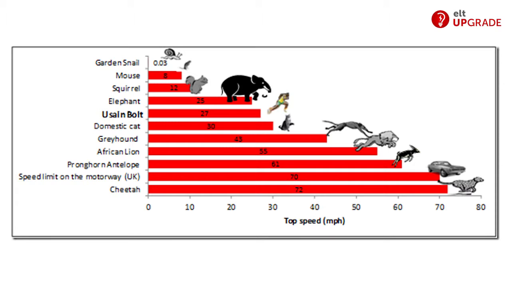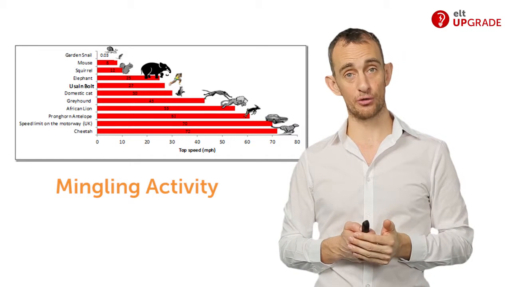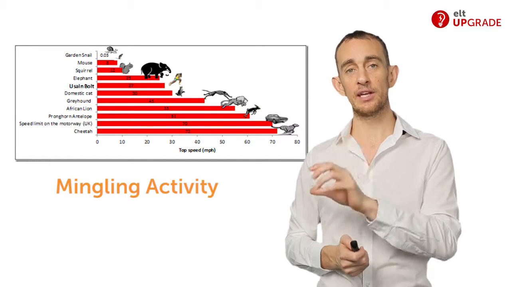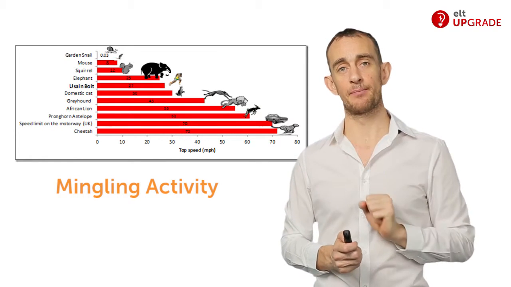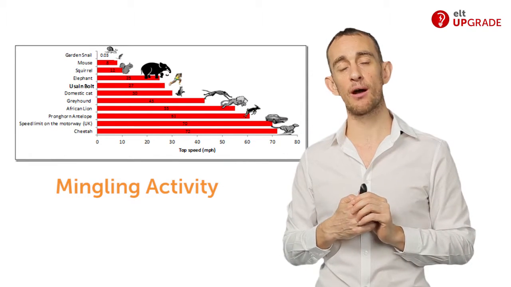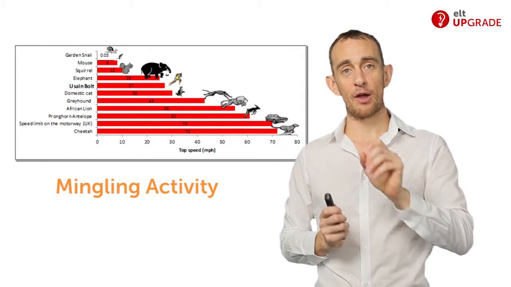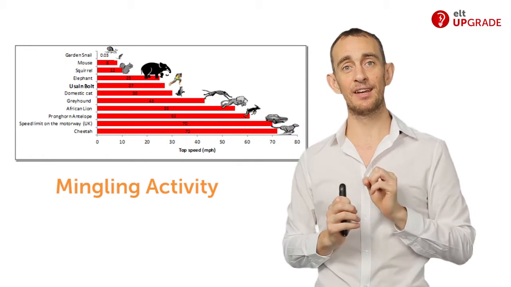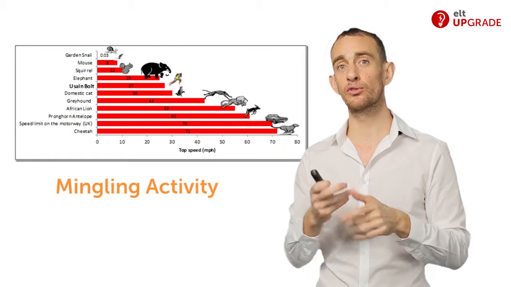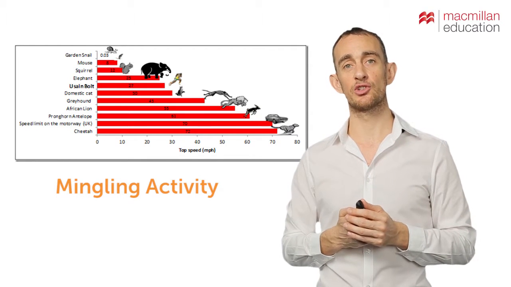Alternatively, a nice activity for teachers is you could divide the class into different groups and give each group one particular animal and its speed. Okay, but the rest of their chart is blank. So they then have to walk around the classroom, mingle around, talking to other groups to collect the information about other animals, which the other groups have, in order to fill in that chart.